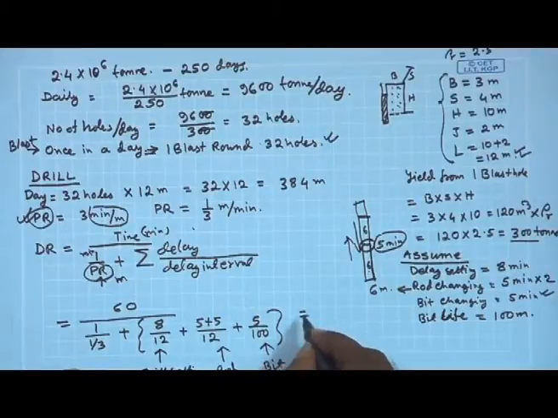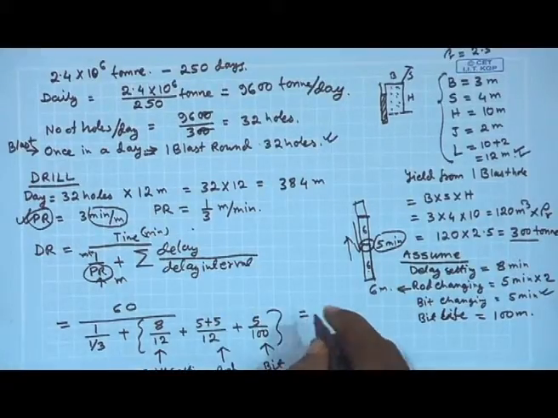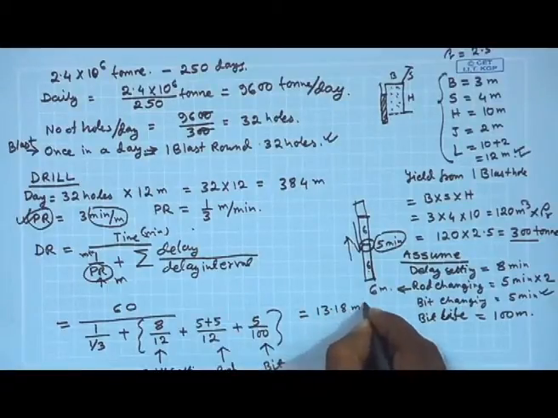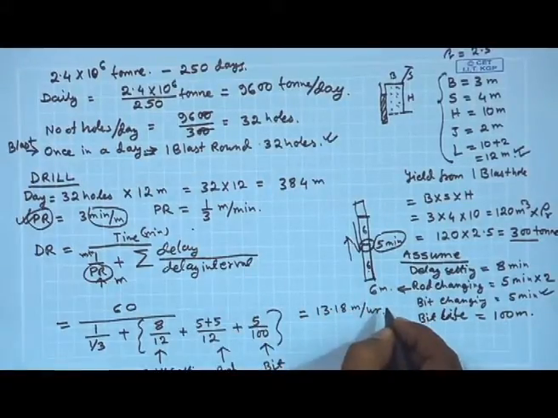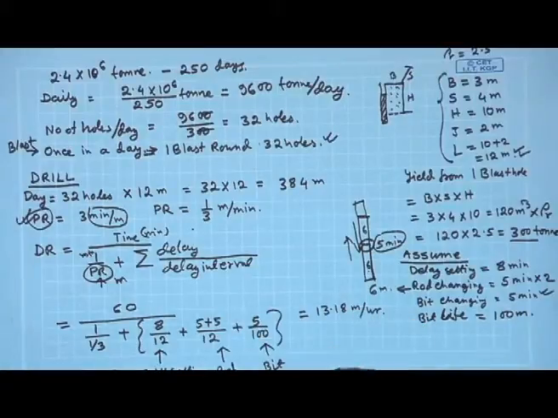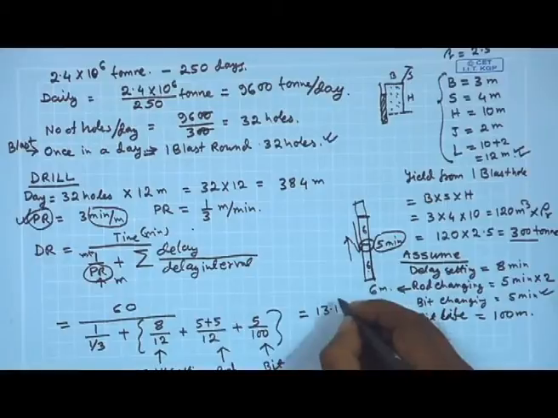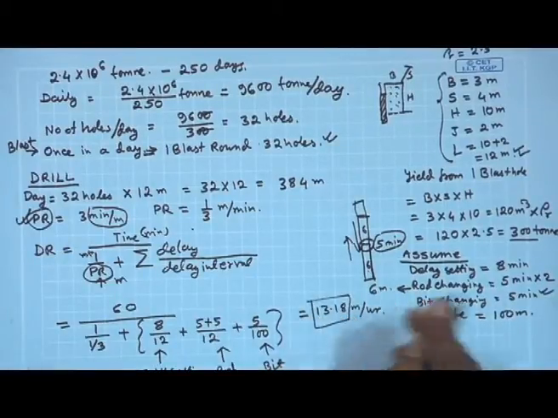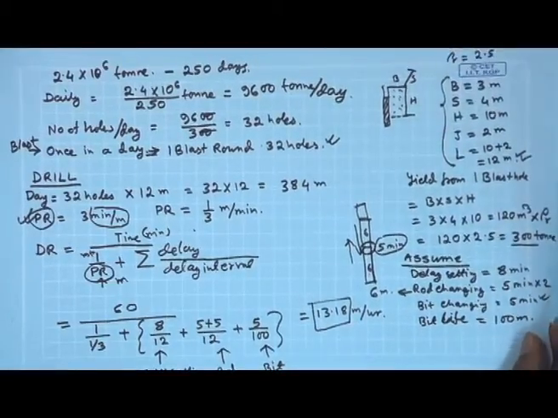If you calculate this, you will get the value of 13.18 meter per hour. As I calculated previously, I know the value, or you can calculate it and you will get this value as our drilling rate.